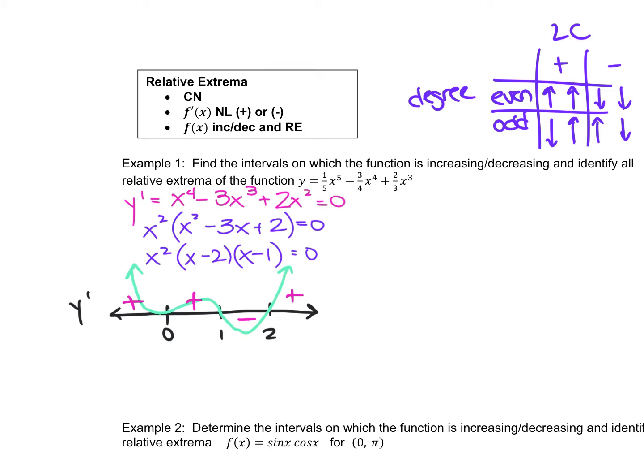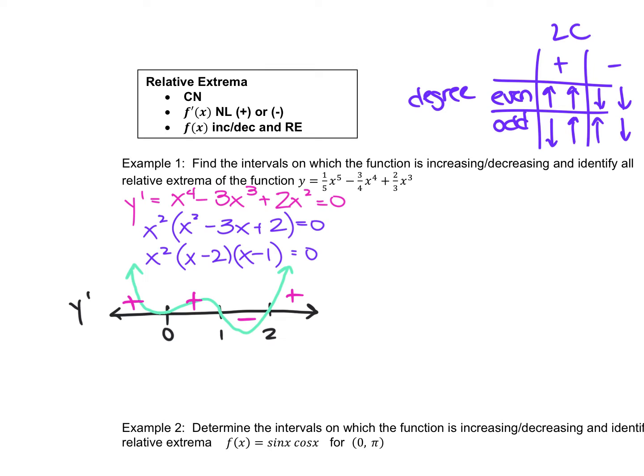Makes sense. So based off of this, I have not looked at my original at all, right? This information on the derivative tells me about the original. So on the previous page, we said the original function, f of x, or y in this case, is increasing where my derivative is what? Go look at the previous page.